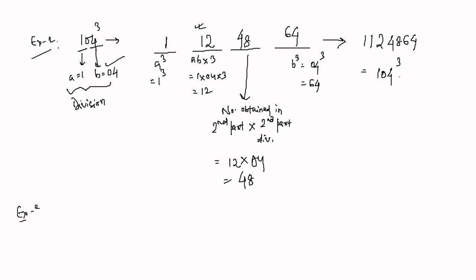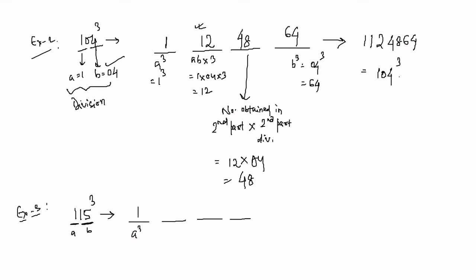We'll see one final example. Let's take a bigger number, the cube of 115. In the cube of 115 we again divide into 4 parts. Before that, you need to do the division. The hundreds place is one part and the remaining digits, that is 15, is another part. Let's say this is a, and this is b. So the first step you need to calculate is a cube, that is 1.